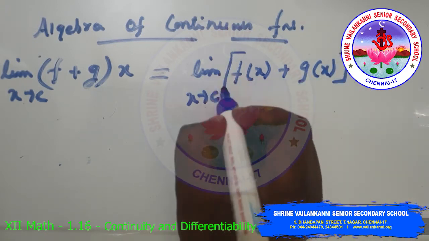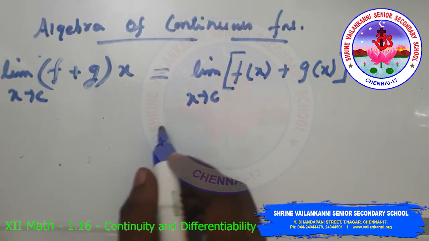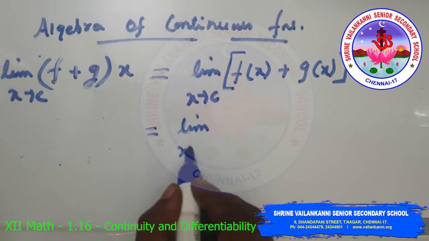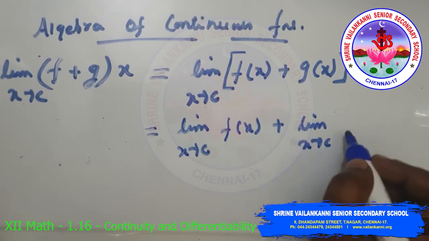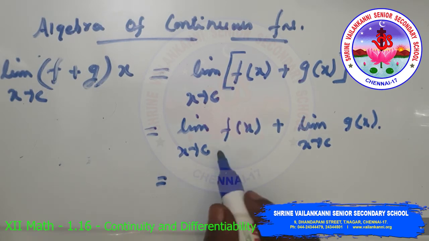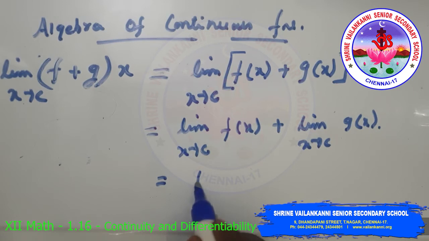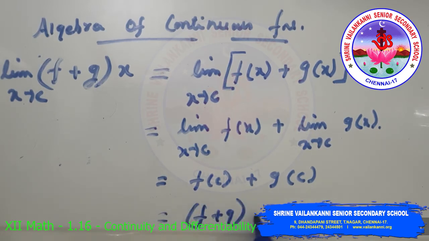By the definition of f plus g of x, which is equal to f of x plus g of x, this can be written as the sum of two limits, limit x tends to c f of x plus limit x tends to c g of x, which, since f and g are continuous at c, can be written as f of c plus g of c, which is equal to f plus g of c. So we can say that f plus g is continuous at x equal to c.